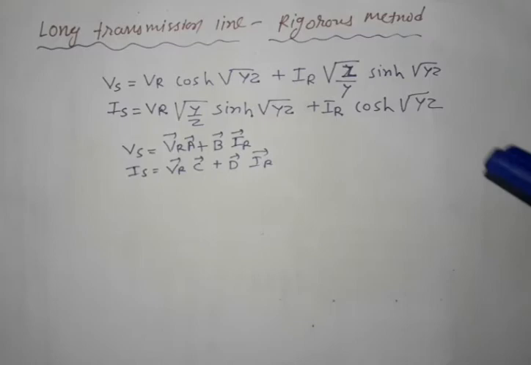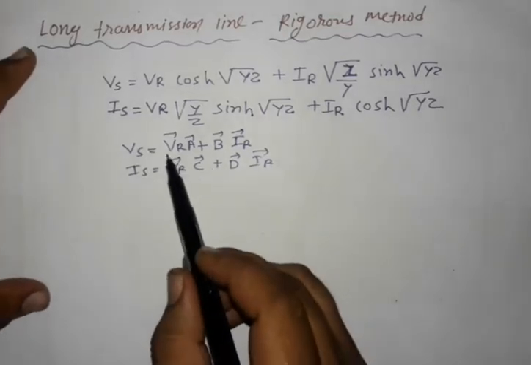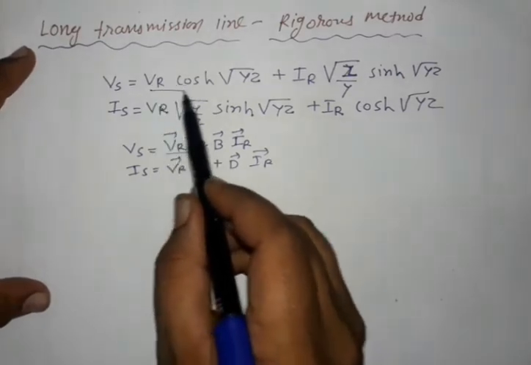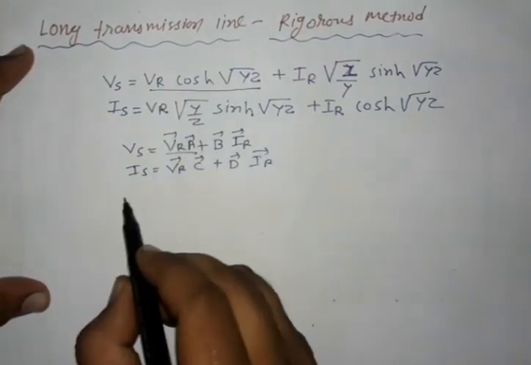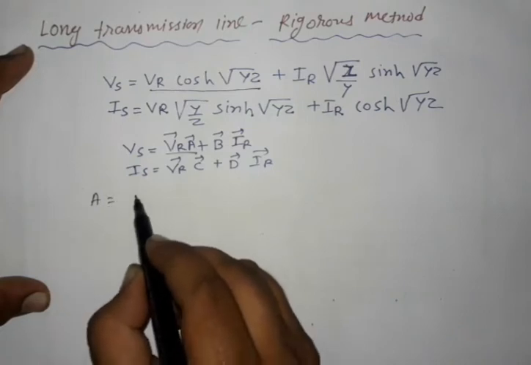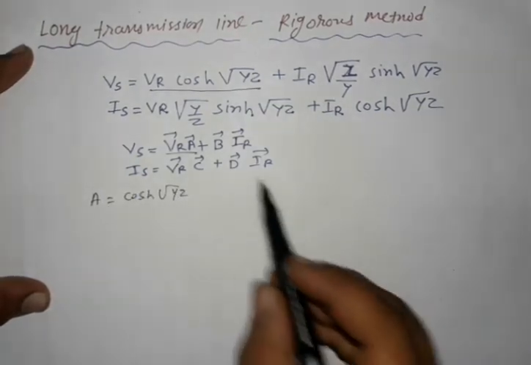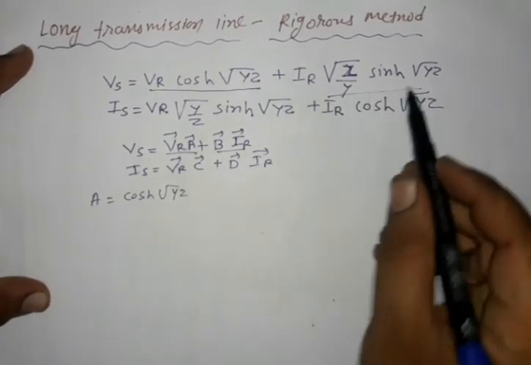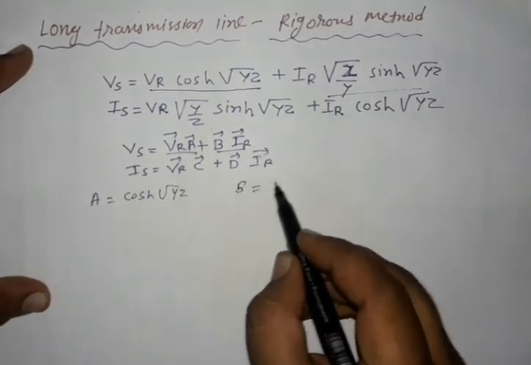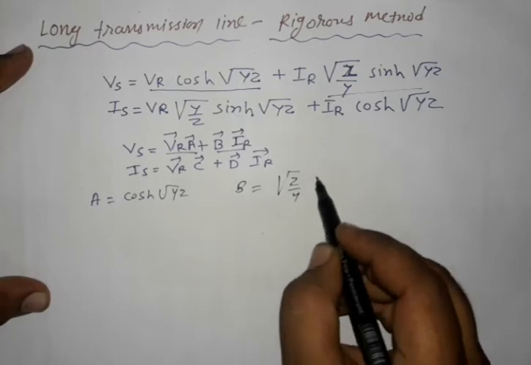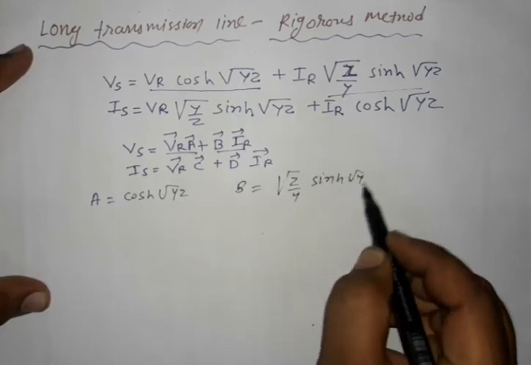So we directly compare these equations with our generalized equation. From the generalized equation we see that here is A Vr and here is Vr cosh(√(YZ)). So A is equal to cosh(√(YZ)). Now B Ir, so here B is equal to √(Z/Y) sinh(√(YZ)).